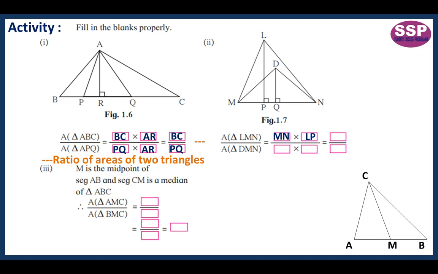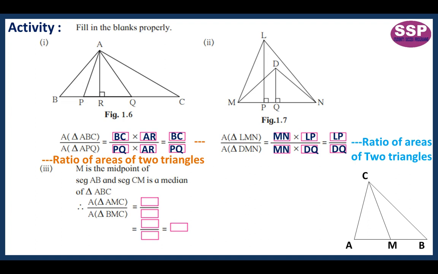In the denominator, base of triangle DMN, that is MN multiplied by height DQ, and the reason for that is ratios of areas of two triangles. Here MN and MN get cancelled and the answer will be LP upon DQ.